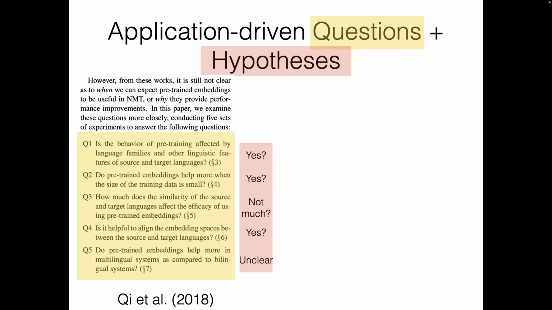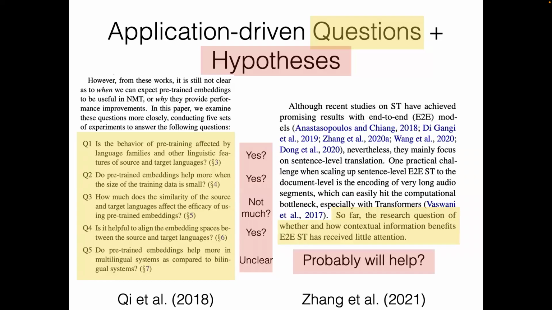Sometimes they're very specific, but here they're explicitly writing out different questions. Here, maybe it's a bit harder to come up with a very clear, testable question. It's just that whether and how contextual information benefits this has received little attention.